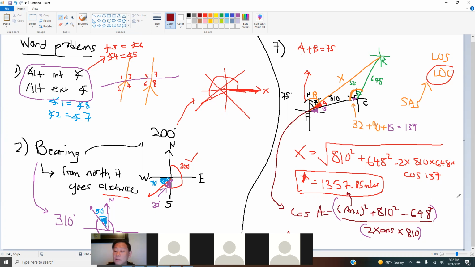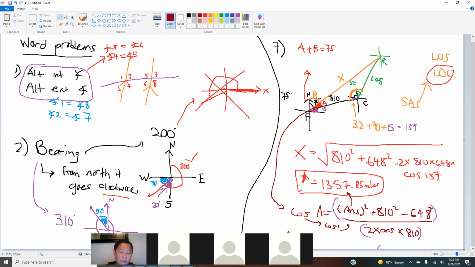Close your parentheses, divided by, open your parentheses, 2 times ANS times 810. And then don't forget, once you get your answer, you take the arc cosine of it. Whatever you get, that's how you find your A.